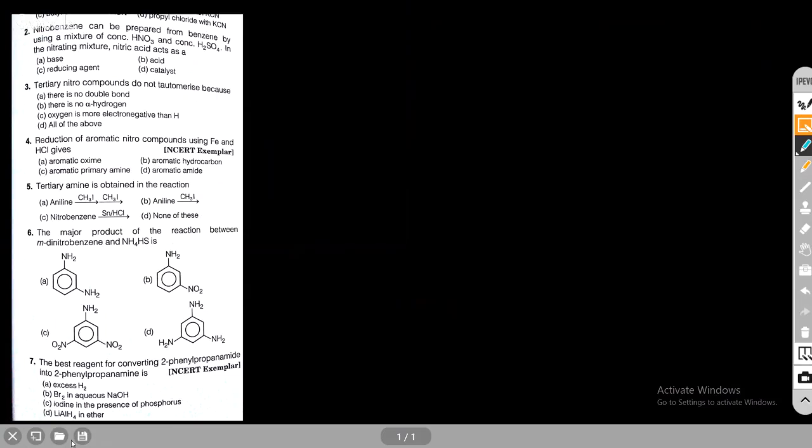Okay, you see, we have a mixture of H2SO4 and HNO3. One of these will act as an acid here. In this case, H2SO4 acts as an acid and provides H plus. And the nitric acid HNO3, I have already told you the structure of this: HO and then NO2, with two lone pairs on this oxygen atom.